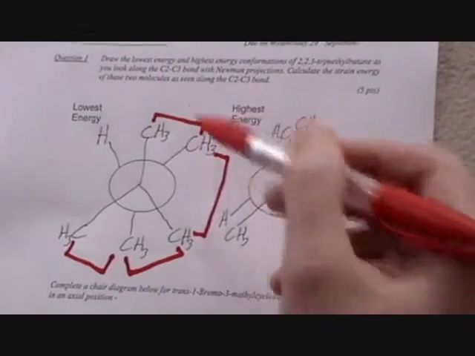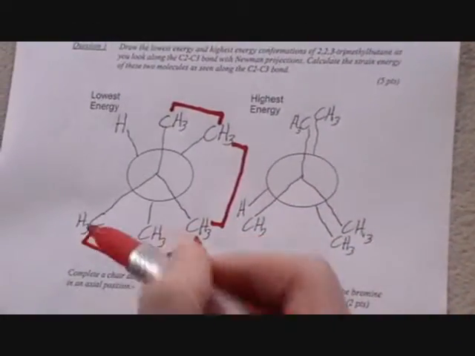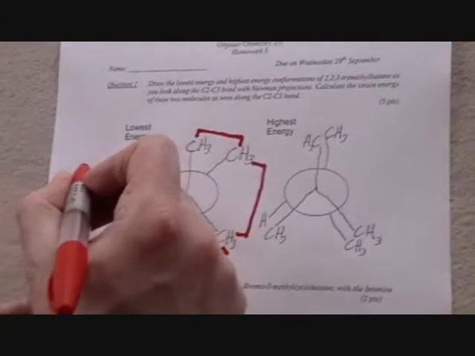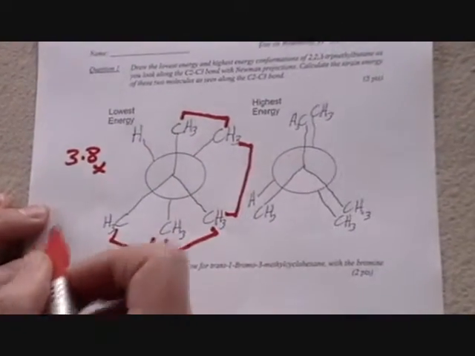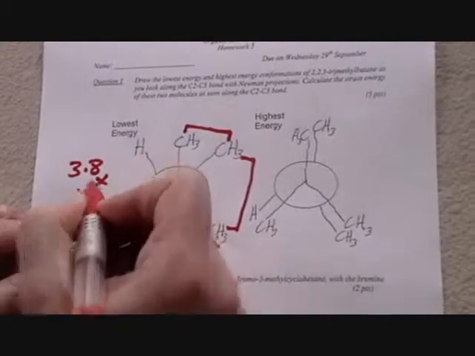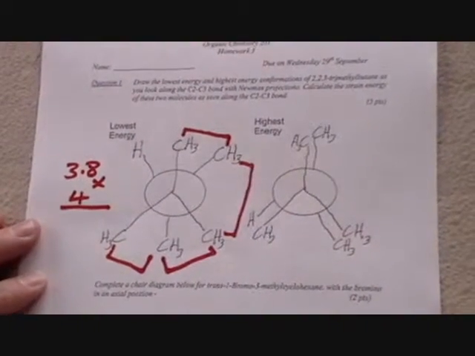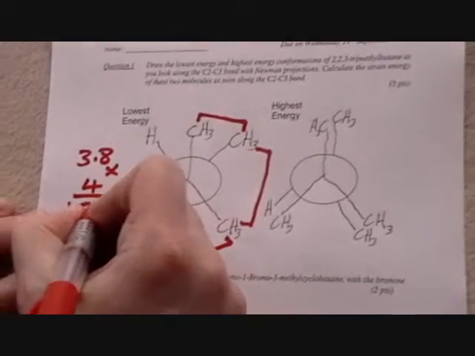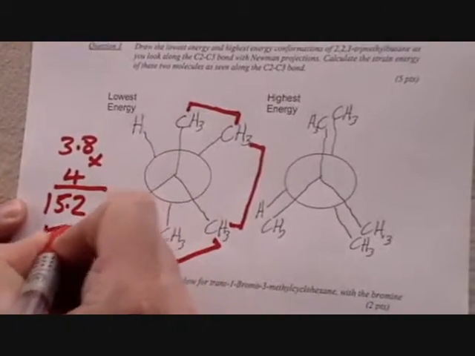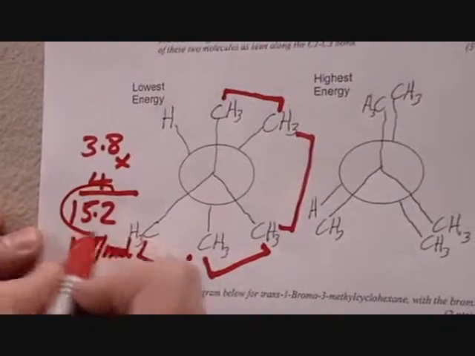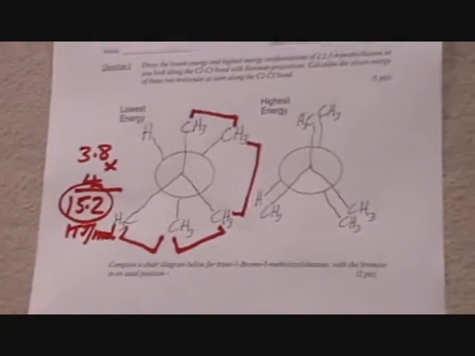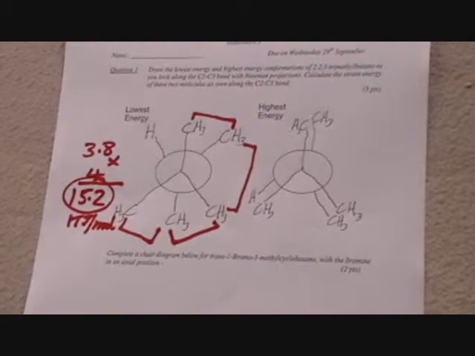So we have 1, 2, 3, 4 examples. So that's 3.8 kilojoules multiplied, of course, by 4. So the total strain energy of this molecule is 15.2 kilojoules per mole, and that's at its lowest energy conformation.